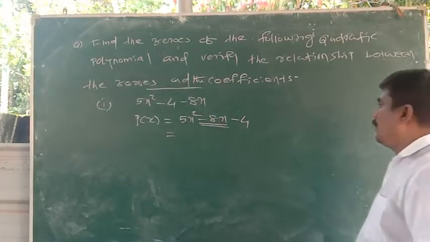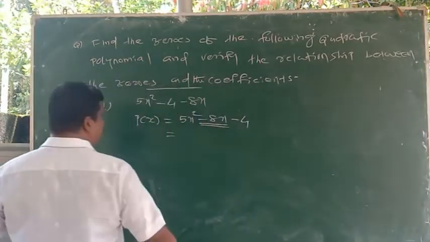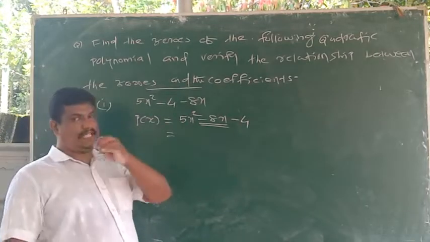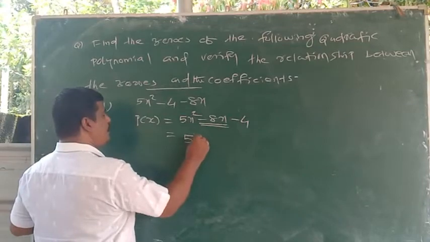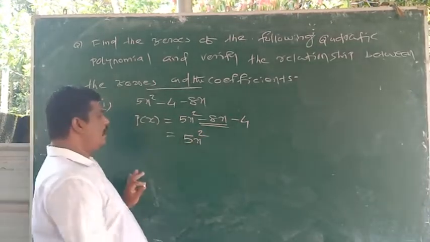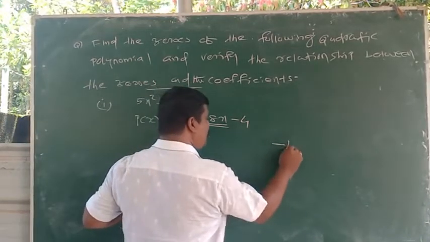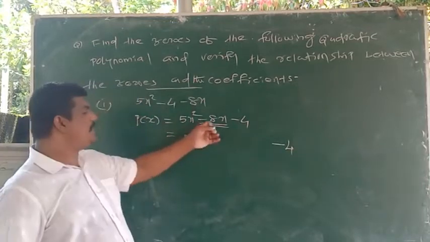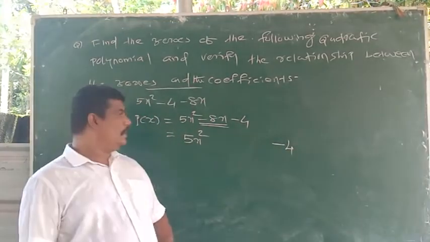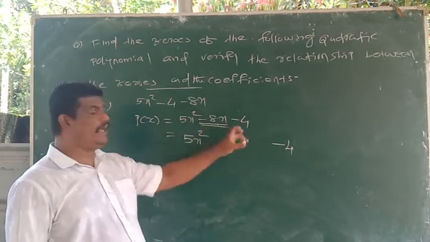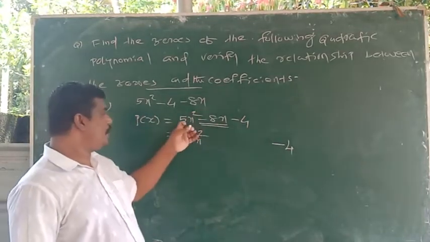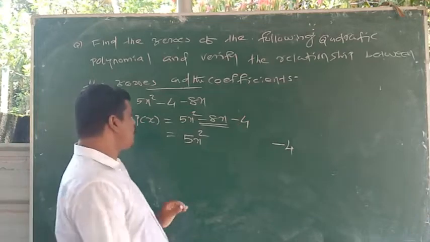So 5x square minus 8x minus 4. First term is no problem. First term is 5x square, no problem. And the last term is minus 4. So split the middle term. Here, what is 5 into minus 4? The product of the coefficient of x square and the constant term is minus 20.